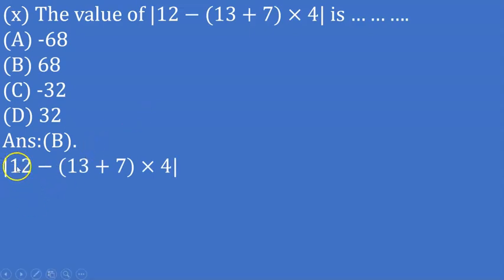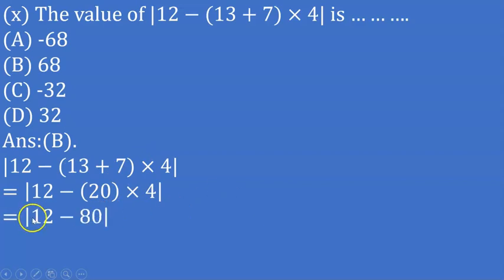Modulus of 12 - (13 + 7) into 4 is equal to, 13 plus 7 is 20, into 4, so 12 - 80, which is modulus of -68, and hence overall you will get 68, and hence option B is correct.